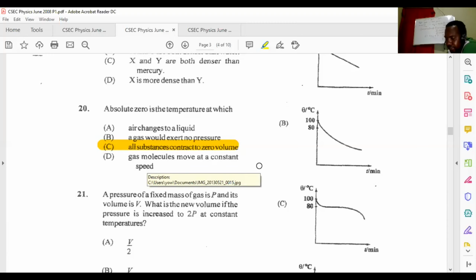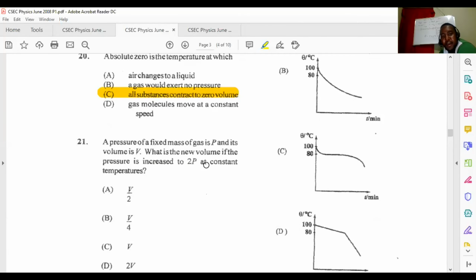So anything below that value theoretically does not exist. Oh, that's cool.